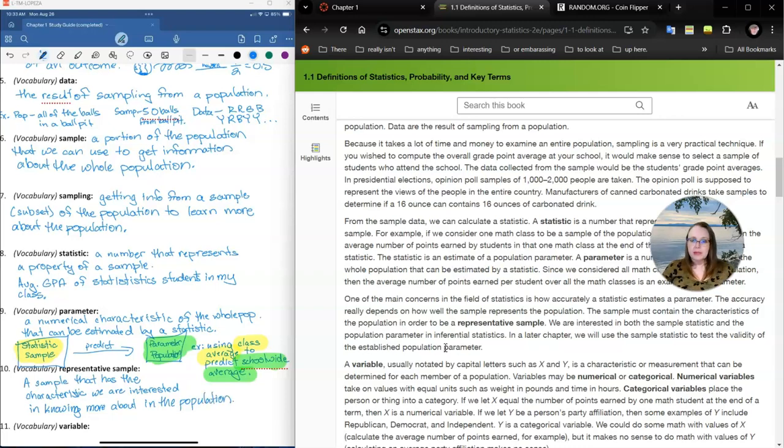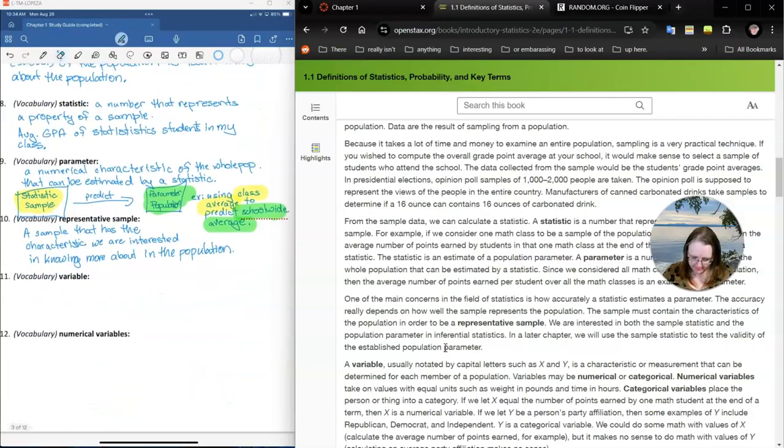So for it to be representative, I want to get all of the student athletes. I also don't need to waste my time asking non-student athletes how much they sleep if all I'm interested in is student athletes. So if my sample just includes everybody in the dining hall one day, I walk in and ask them how much they slept, that sample isn't going to tell me something specific about student athletes because it's not representative of the population that I'm interested in. So that's what a representative sample is.